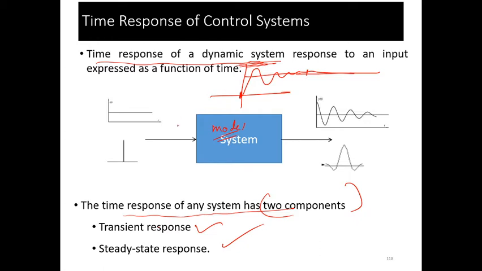Let's say at the steady state, before the change, the input was this signal. Let's say the flow rate for t less than 0 was f1, and at a certain time you change the flow rate to f2.